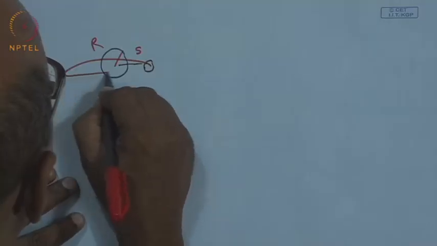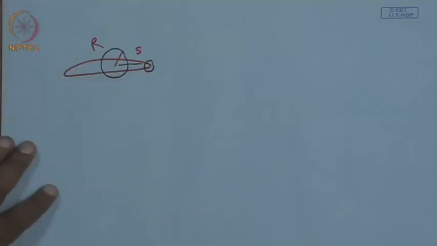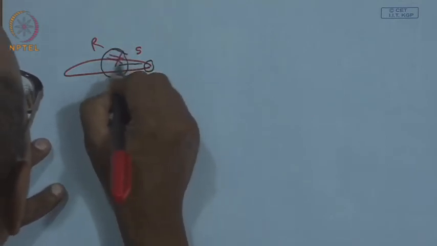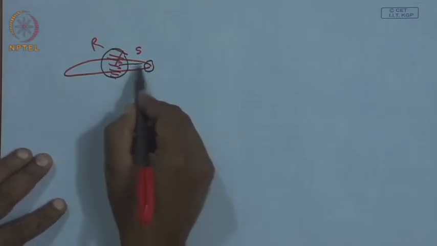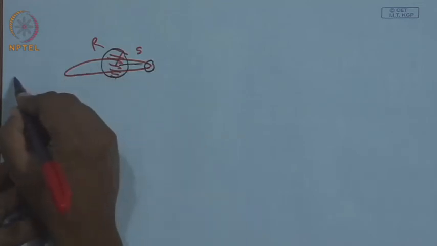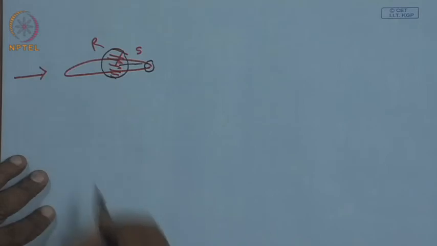So, let us consider a hypothetical situation like this, where you have two stars, one of them is rather big and the other one is smaller, and they are going around in a circular orbit, and the observer is located over here.